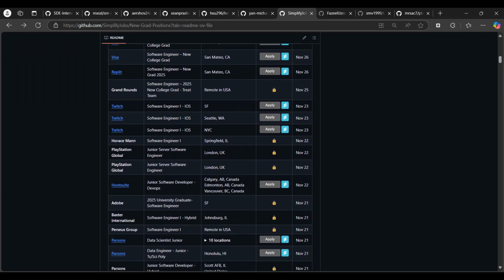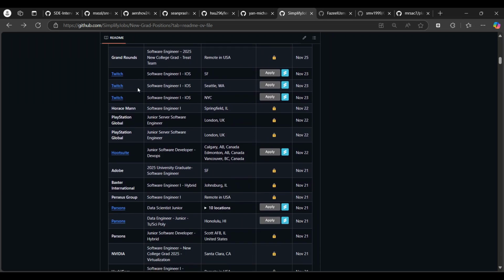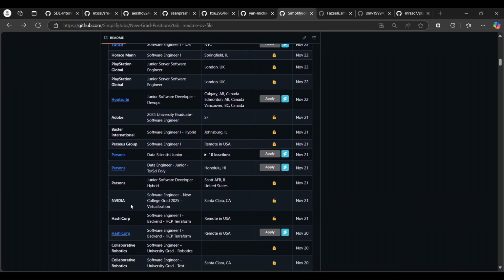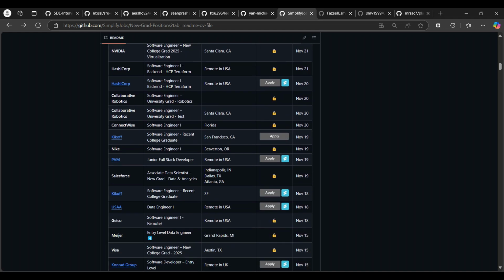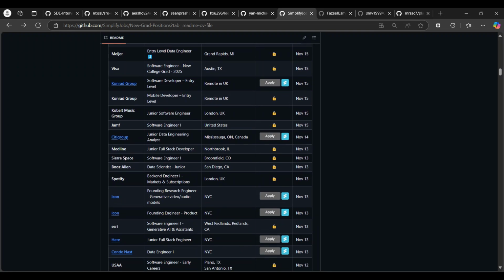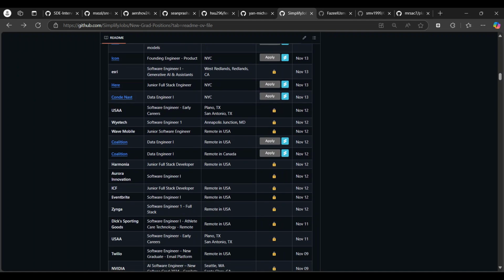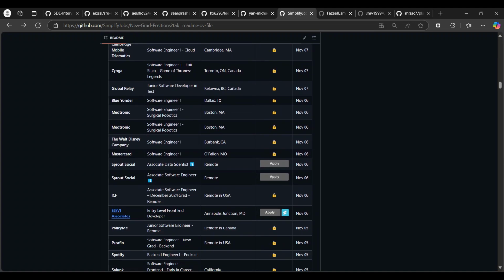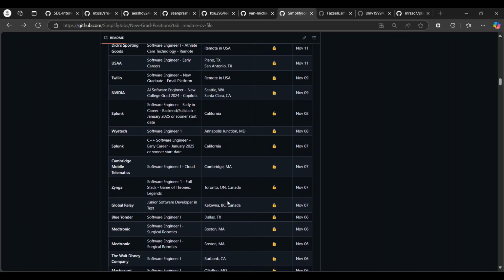Twitch is also hiring, Woodside, Jen Parsons are hiring, and HashiCorp is hiring. Similarly for Kickoff, PVM, right? Being Indian, I guess these companies are listed in the USA and UK.